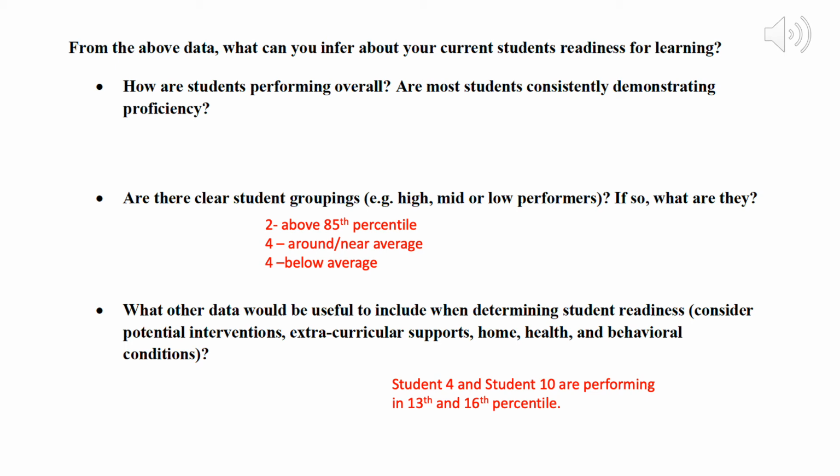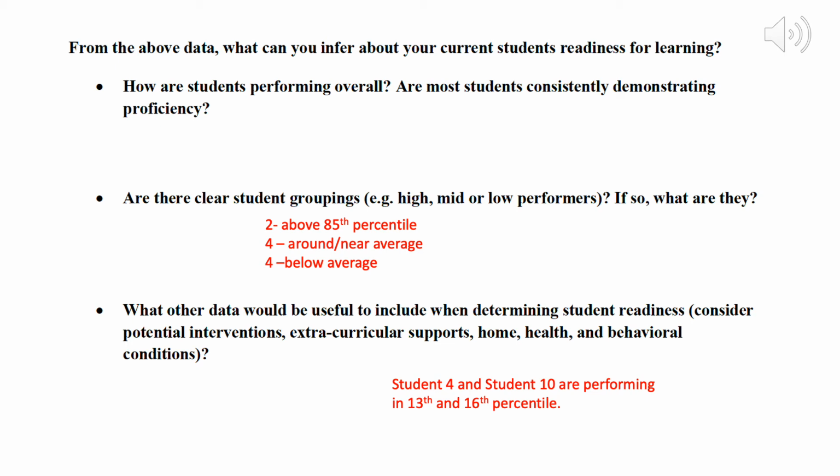Number 2, are there clear student groupings? Yes, I think that our tier 1 students would be the 2 students who are performing above the 85th percentile. Our tier 2 students would be those 4 students performing around average, and our tier 3 students would be the 4 students who are performing below average.